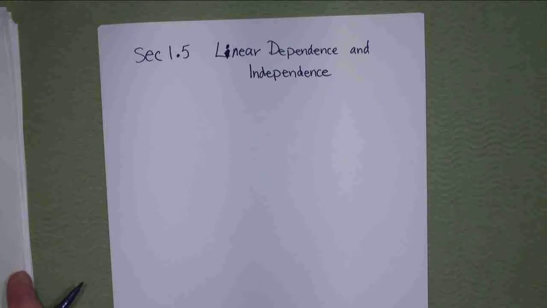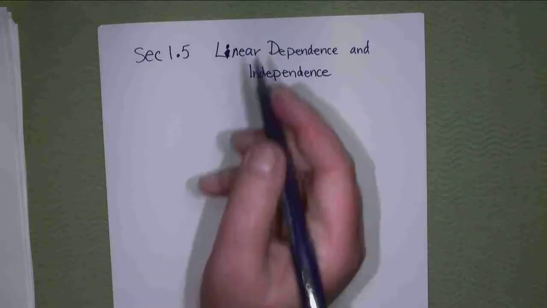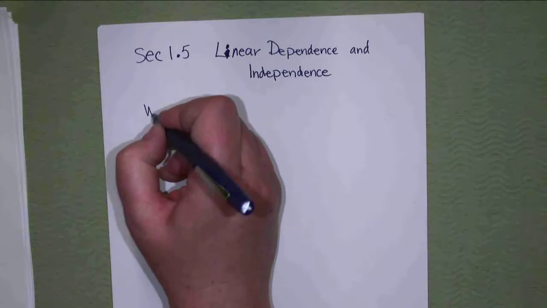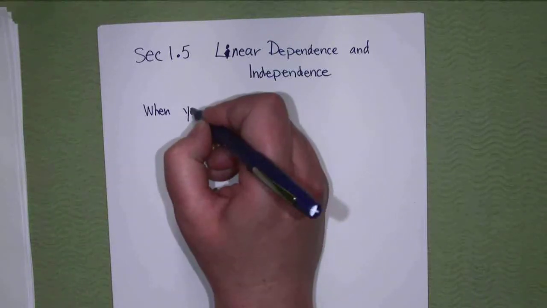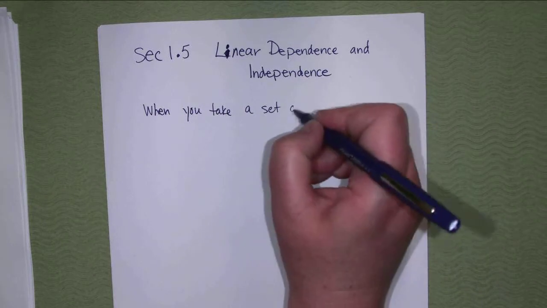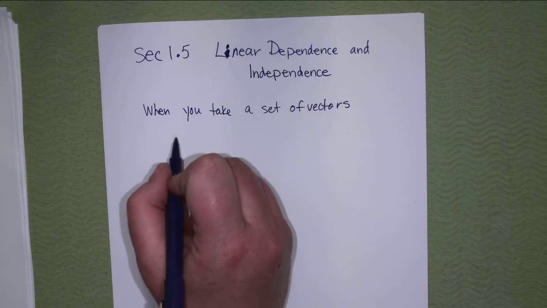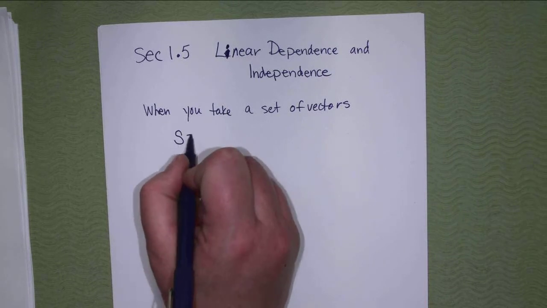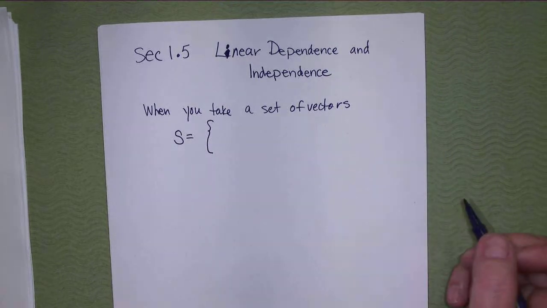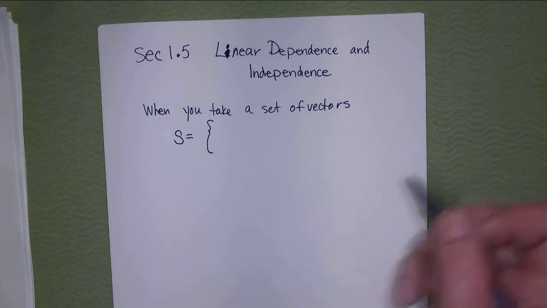Okay, so section 1.5, linear dependence and independence. When you take a set of vectors, we could say the set... Set theory has, if you put items in a set, you put a curly bracket, and then you can list them inside the set, and it means the order is not important.